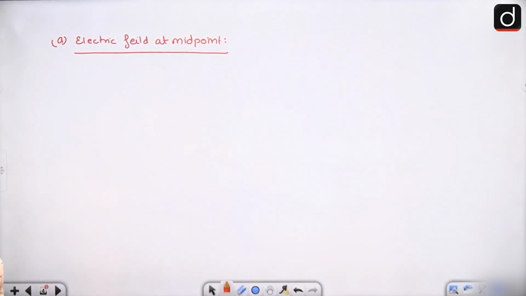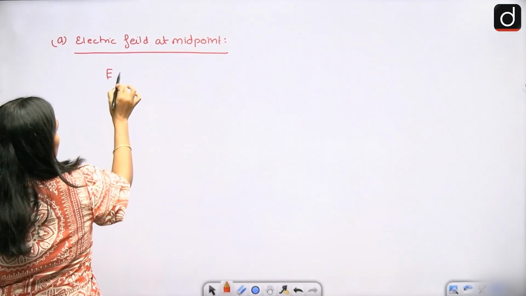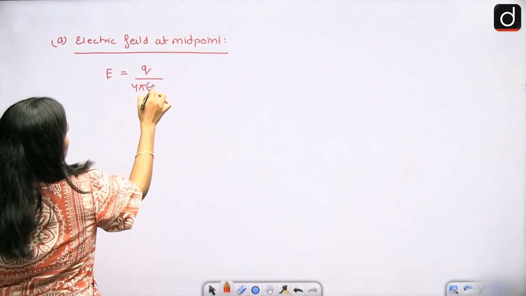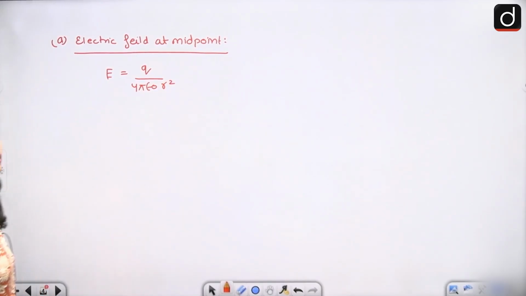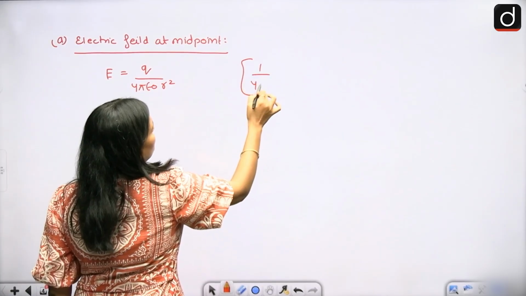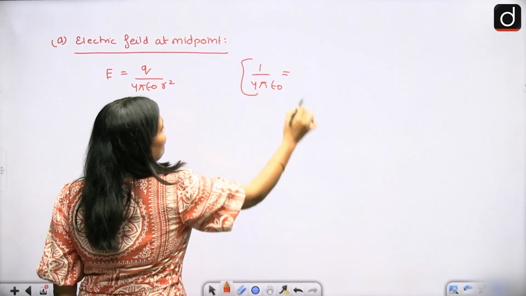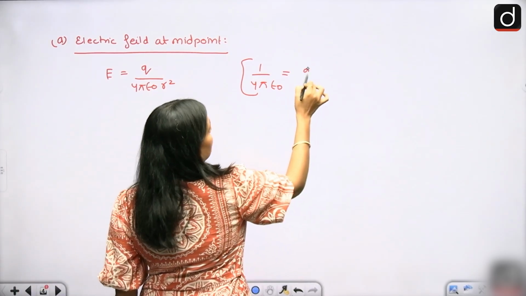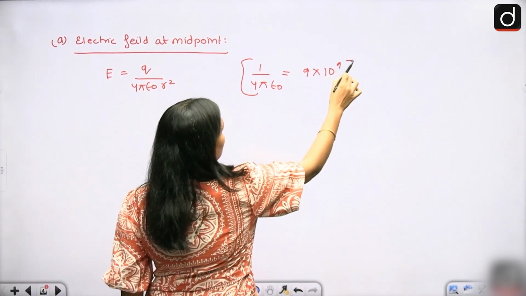To calculate the electric field at the midpoint, the formula is E equals Q by 4 pi epsilon naught r square. This is the only formula. The value of 1 by 4 pi epsilon naught is 9 into 10 to the power 9.